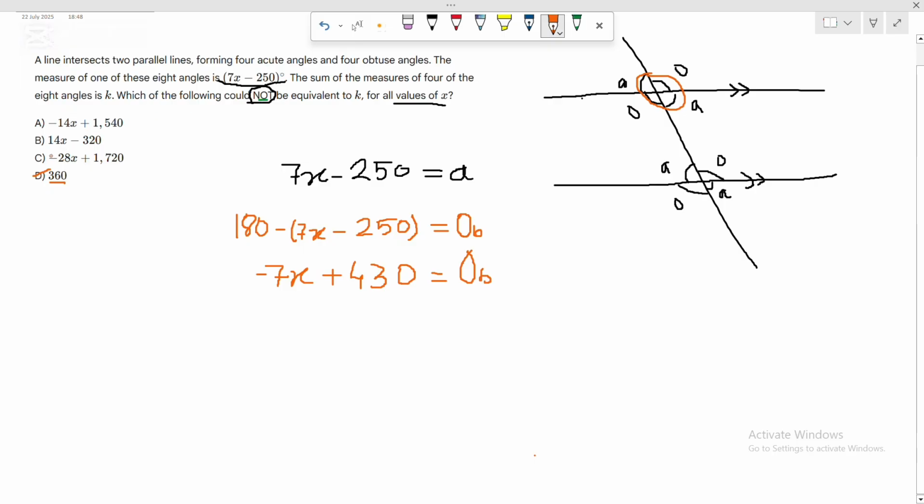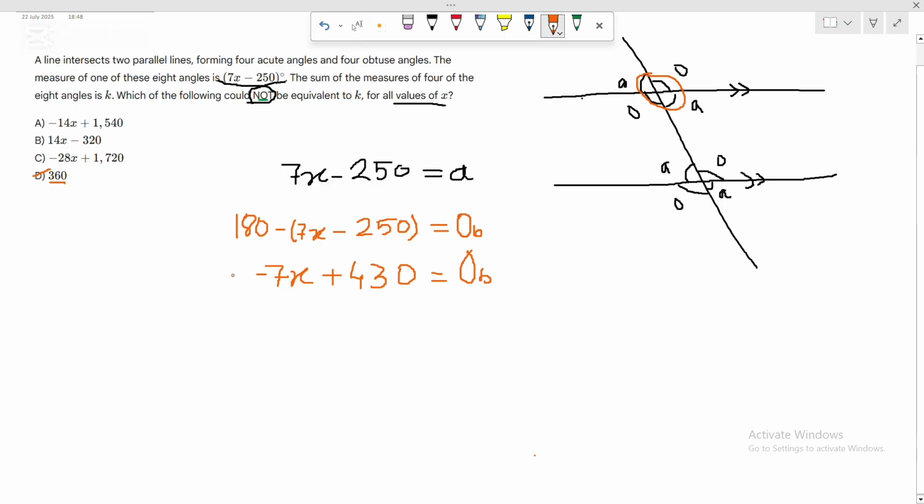So let's see option C, which is minus 28x. How can we get minus 28x? We have to sum four angles, any of them, we don't have any obligation on which. If this is minus 7, we can multiply it by 3 and get minus 21.